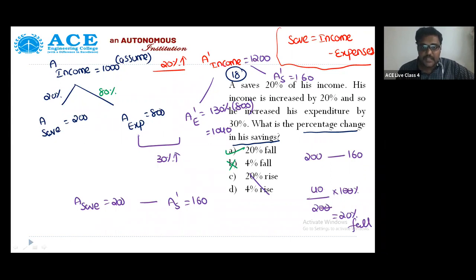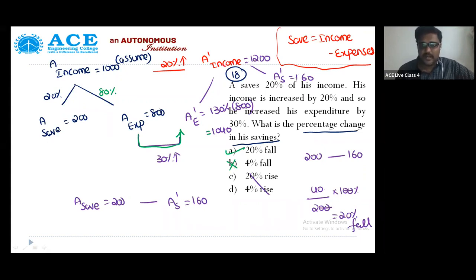For expenditure, it's a 30% increase. The previous expenditure is 800. Increased by 30% means 130% of 800. A lot of people make a mistake in this one. We got 1040 now. Among 1200, with expenditure 1040, saving is income minus expenditure, so we got 160 as the saving.